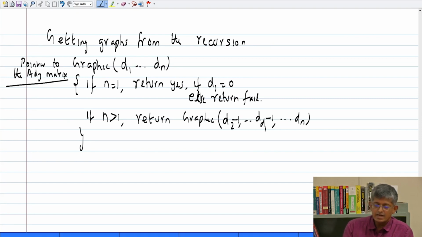Fine. And we will just modify, right? If n greater than or equal to 0, we will just modify this sentence in the following way.